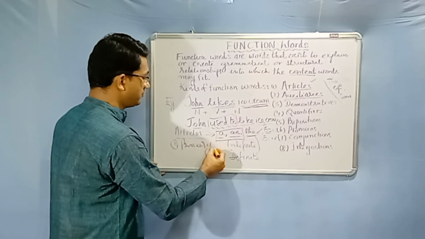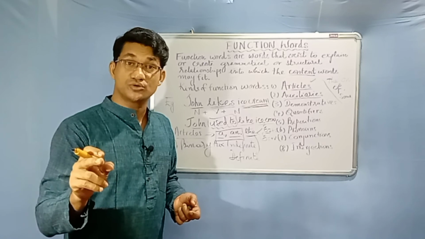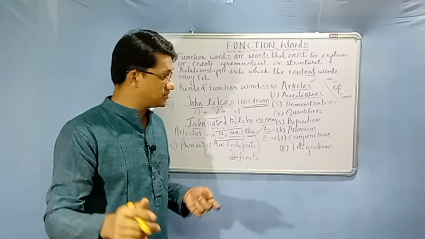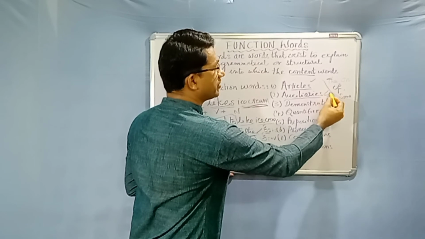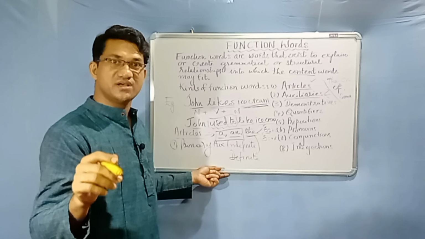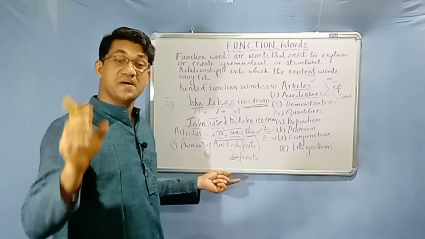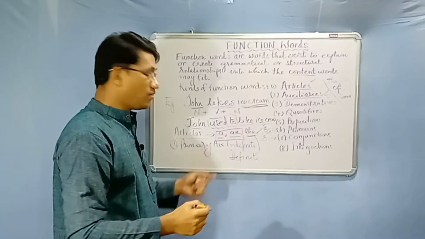The first group of auxiliary verbs are primary auxiliary verbs, also known as principal auxiliary verbs.